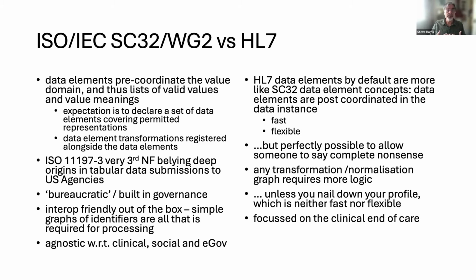So again, the difference between ISO SC32 WG2 and HL7 is that 11179 shows its roots in relational and analytics data sets for big agencies in the US. You can use it and it is being used in more detailed circumstances, but it does look distinctly third normal form in that it expects attributes that are described individually and in completeness, whereas HL7 has had this difference between the knowledge model and the coding model and tries to separate those two things apart.